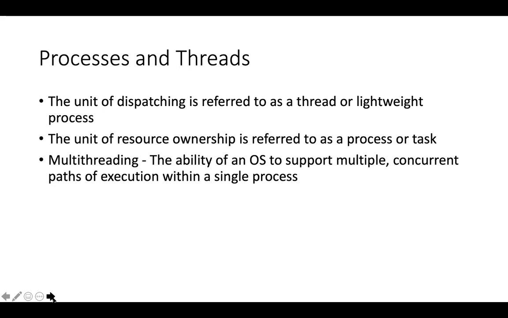And multi-threading here is the ability of the operating system to support multiple concurrent paths of execution within a single process. So remember, we said that threads run within a process. So you could have multiple threads within a single process, and we also say the thread is just a small bit of programmed instructions that could be running in an entire process.